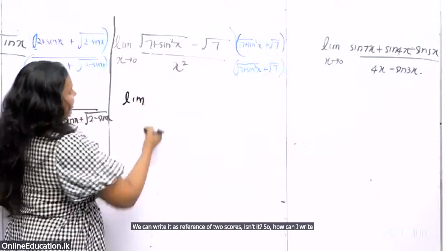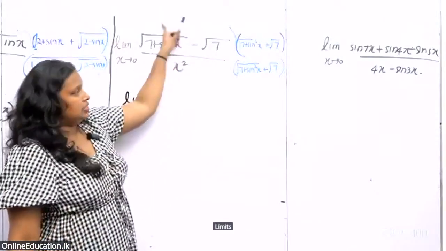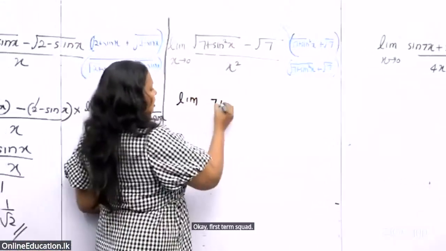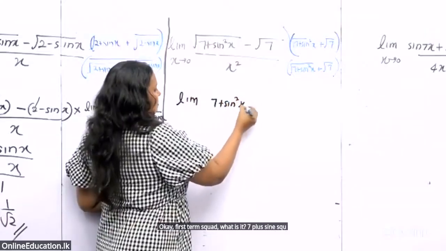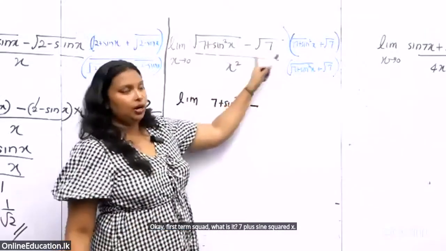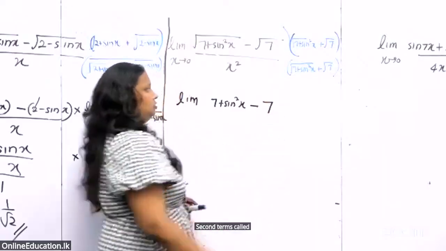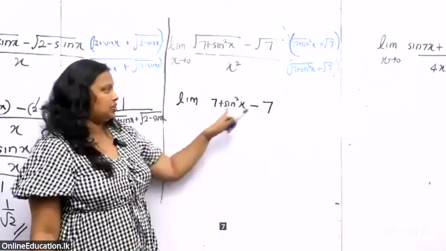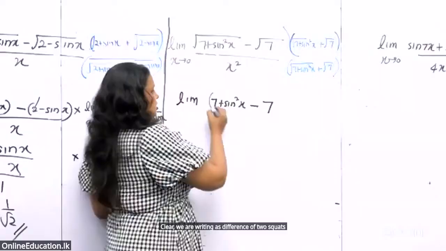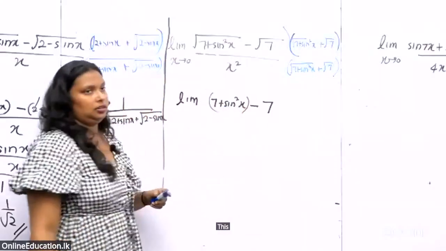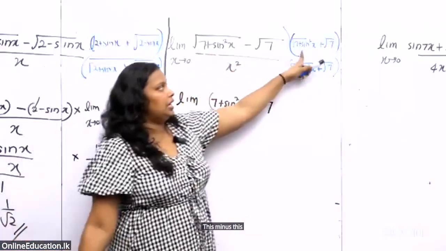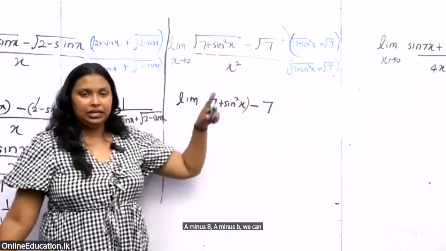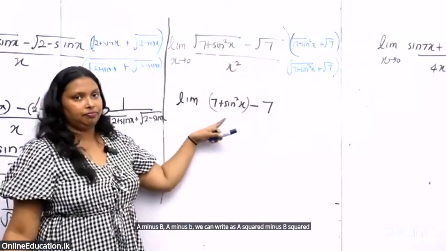Limits of, okay, first term squared, what is it? 7 plus sine squared x minus second term squared 7. Clear? We are writing as difference of 2 squares. A minus b, we can write as a squared minus b squared. That's what I did here.